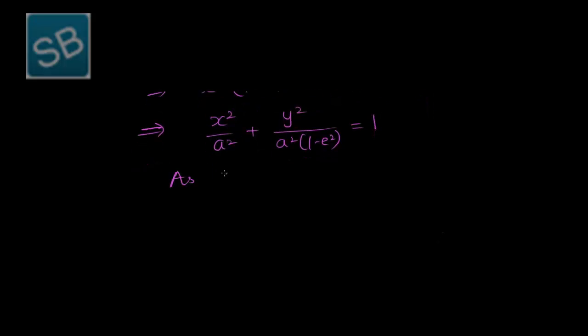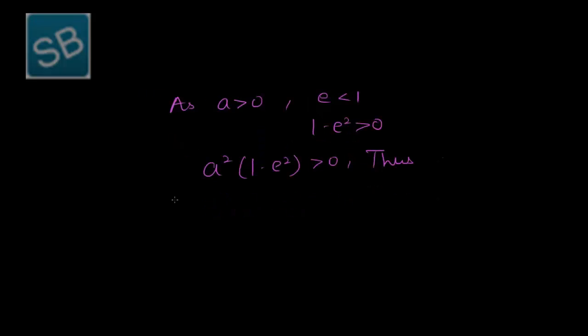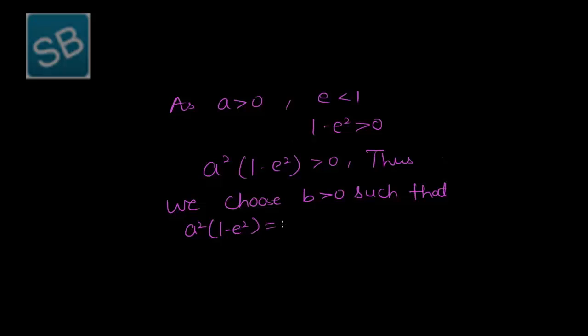So as a is greater than 0 and e is less than 1, that means 1 minus e square is greater than 0. So the product a square into (1 minus e square) is greater than 0. Thus we choose b greater than 0 such that a square into (1 minus e square) is equal to b square.